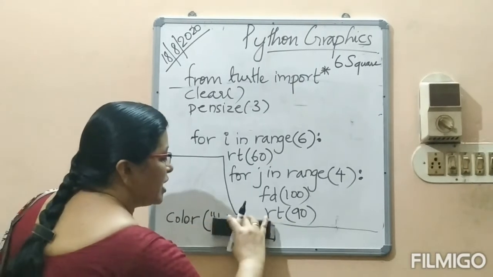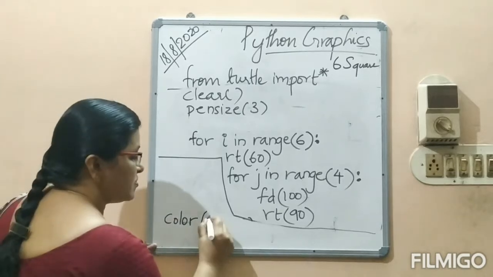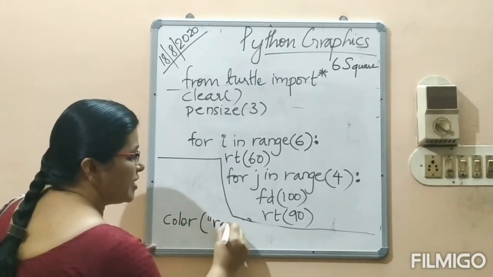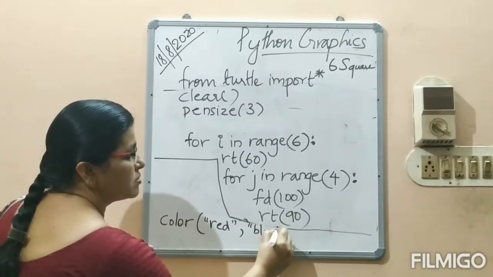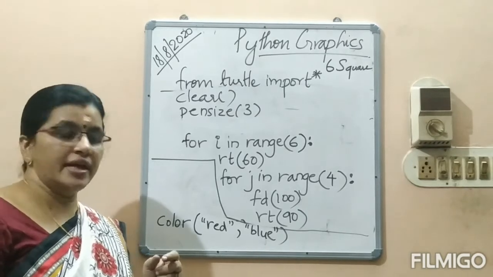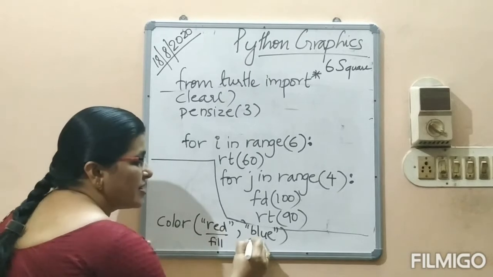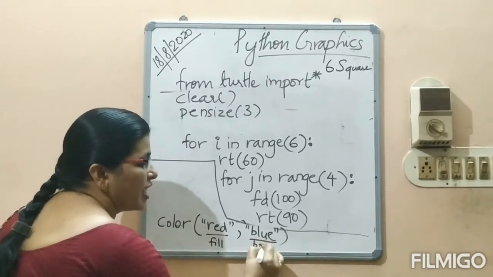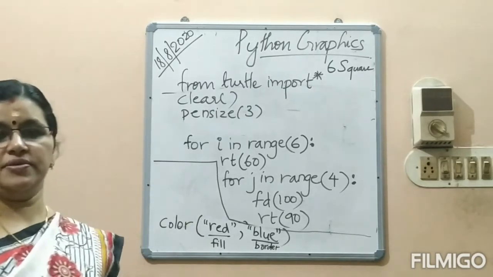For example, inside the color command, I am giving 2 colors. I am giving red, blue. Then, this first color will be the fill color and the second color will be the border color.